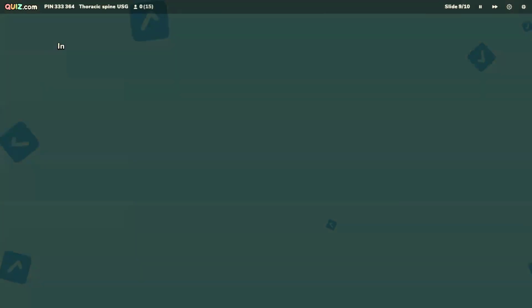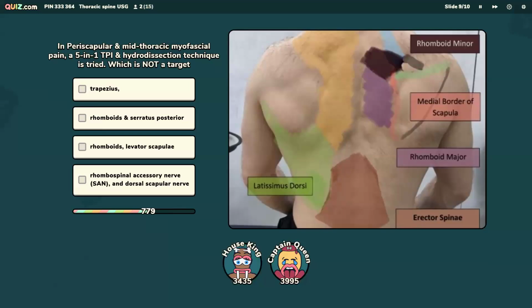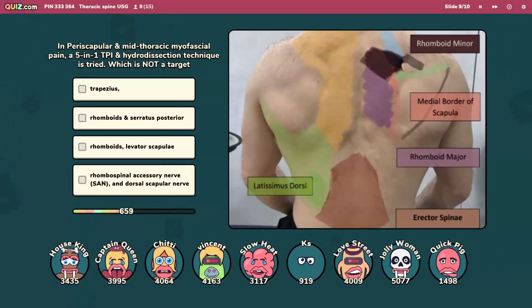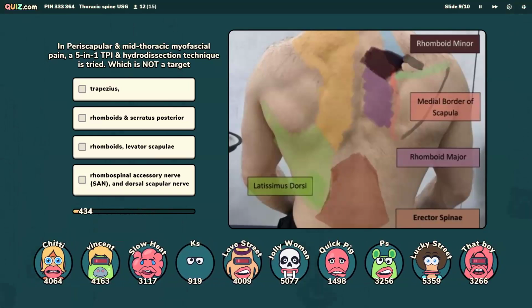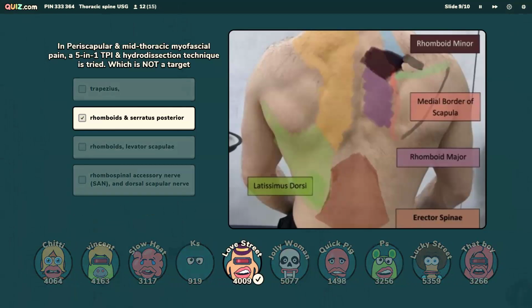In periscapular and mid-thoracic myofascial pain, a 5-in-1 TPI and hydrodissection technique is tried, which is rhomboids and serratus posterior.